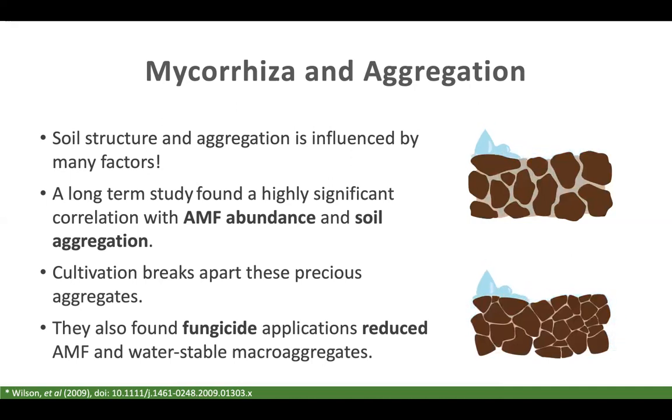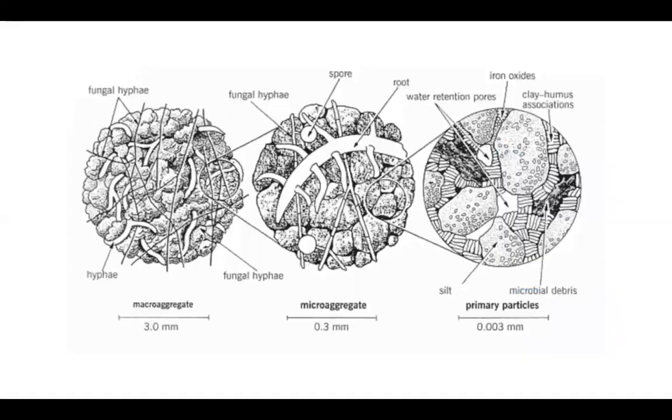So therefore, compromising mycorrhizal fungi, and therefore reducing the activity of that glomalin sticky compound, and therefore lowering the strength and stability of the various aggregates. So this is really just a nice image depicting this transition from micro to macro aggregates, as we just explained.